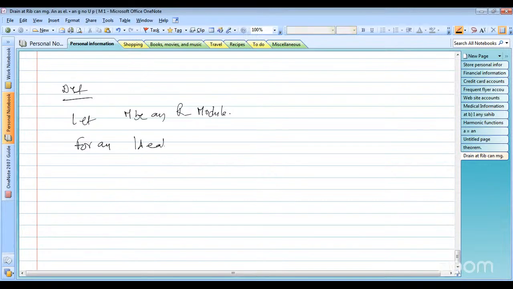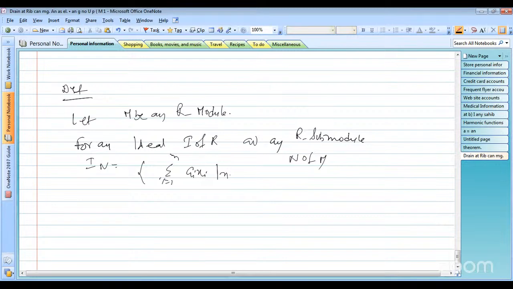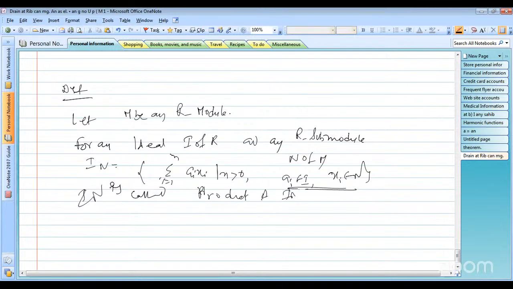For any ideal I of R and any submodule N of M, the set of sums of a_i x_i, for i equal to 1 to n with n greater than 0, where a_i belongs to I and x_i belongs to N, is called the product of I and N. Product of I and N we are writing.